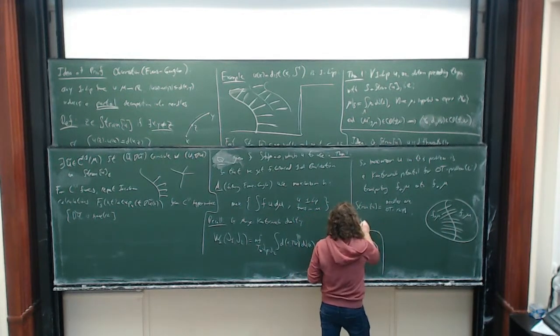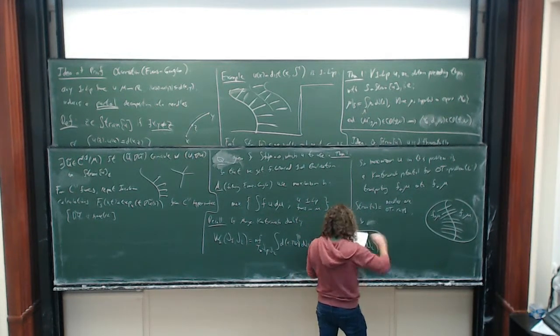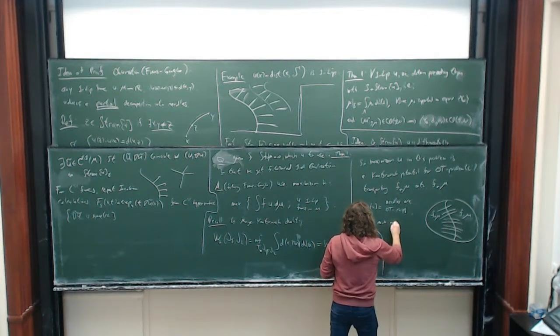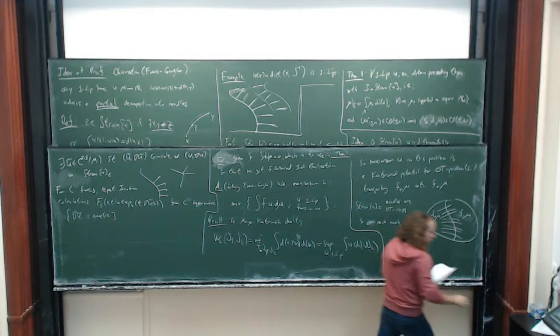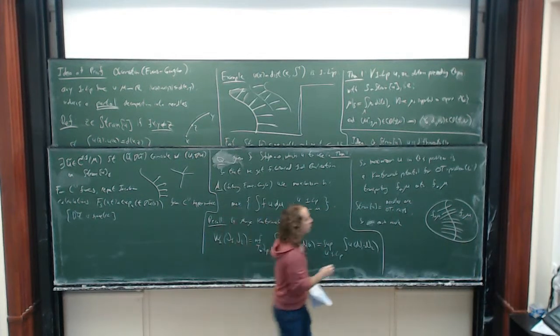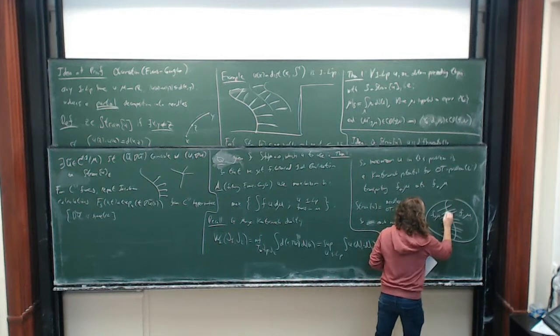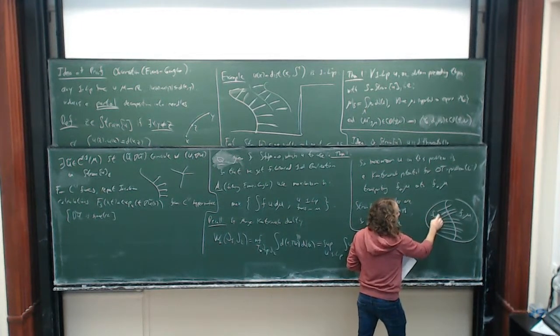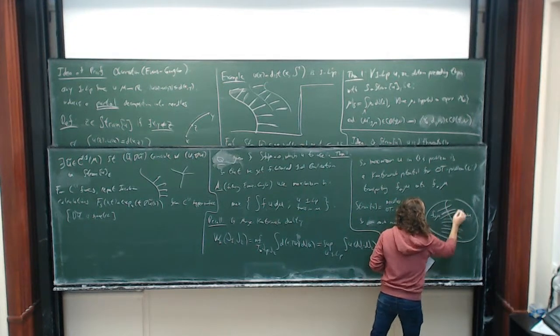Really, the way that the optimal transport works is along each needle, the measure here gets mapped onto the measure there.